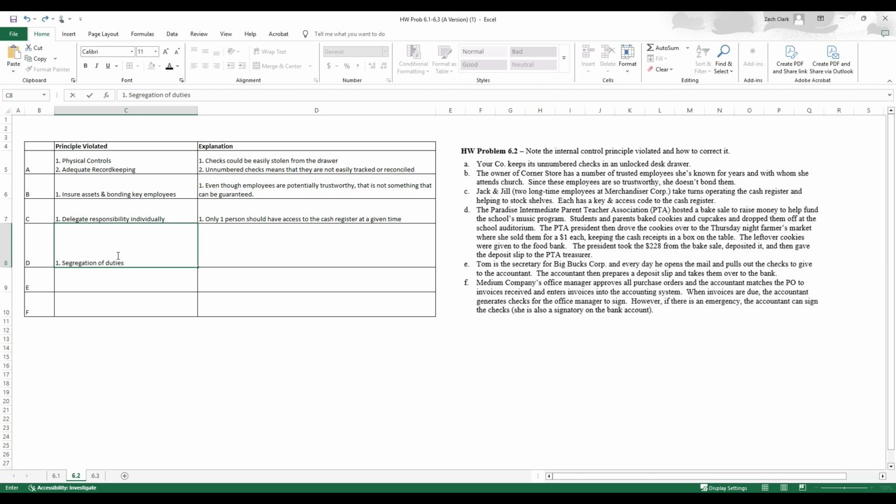Okay, wait. The first one I want to do is safeguarding cash. Then remember, Alt Enter to drop down in space. The second one is going to be segregation of duties.